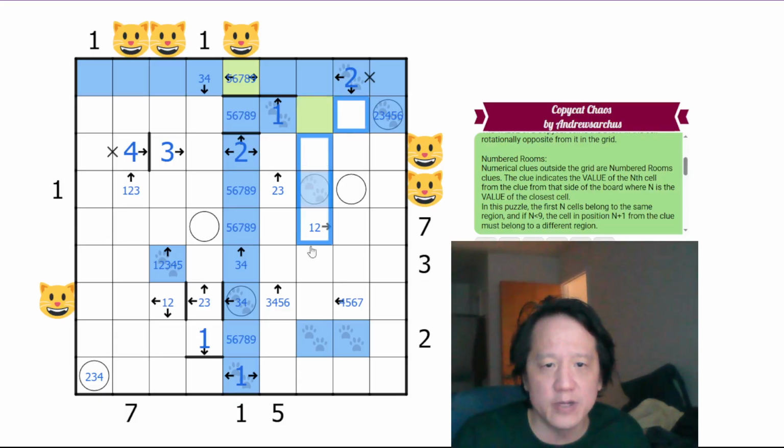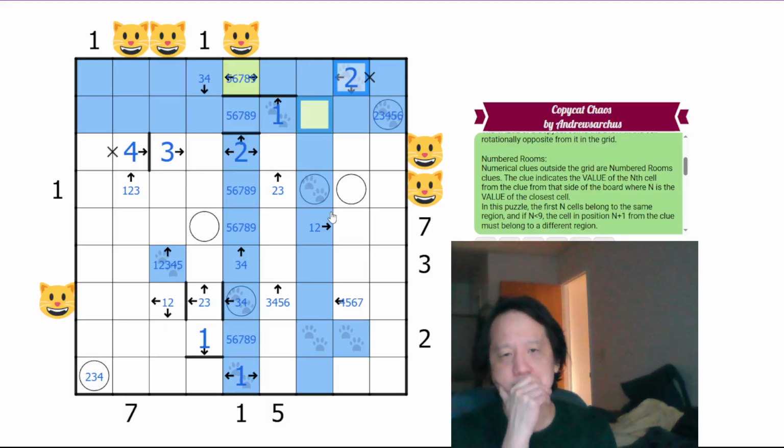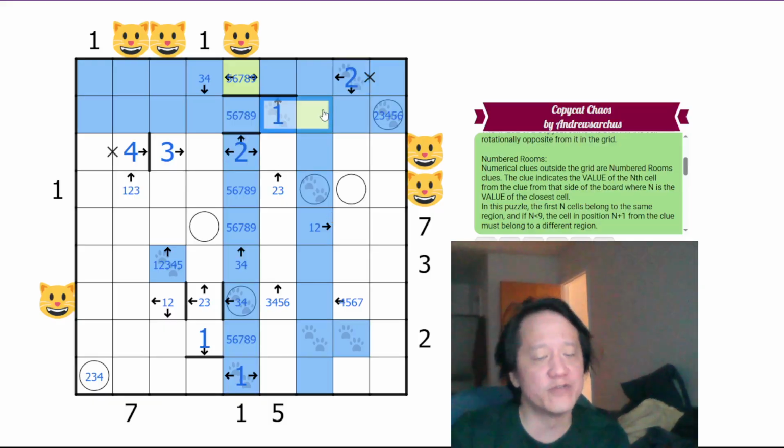That eliminates copycat cells in the rest of the row and column. And these are the same region, but we don't know which way it goes. Well, this is 1 away from that copycat cell, so they could actually be the same region. Or this is a copycat cell here, which has the same problem.